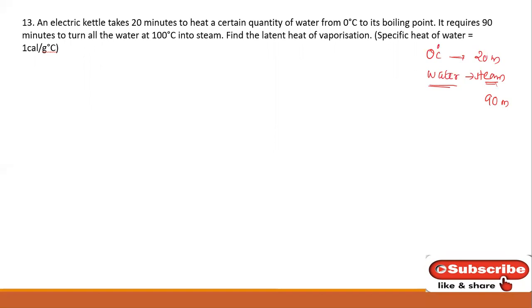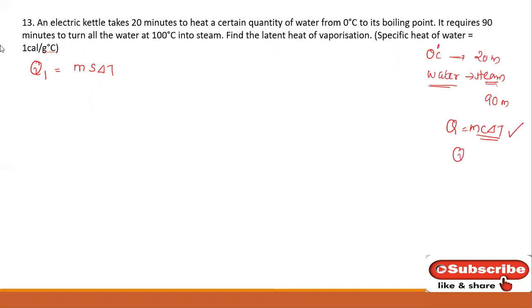Now here, let the heat supplied by the kettle in 20 minutes be Q1. Q1 is equal to M, temperature is changing but the phase is not changing, so we have to use the formula ms delta T, or mc delta T. If the phase is not changing and temperature is changing, then we use this formula.